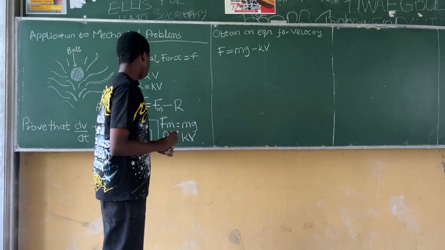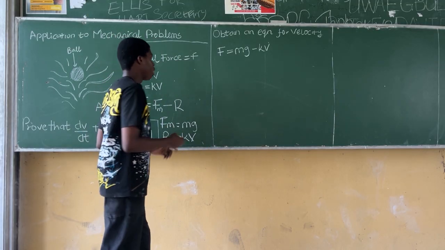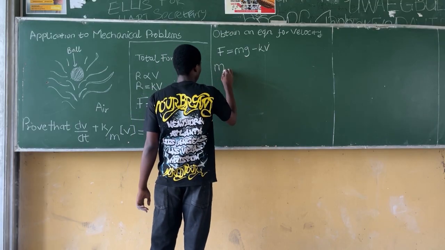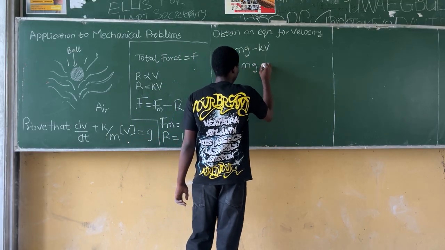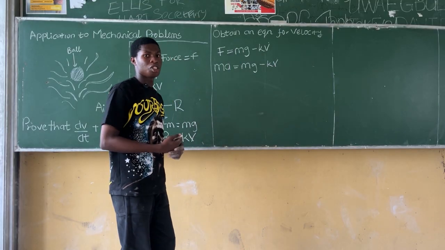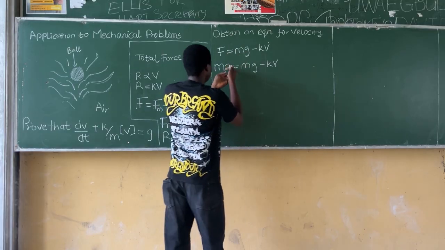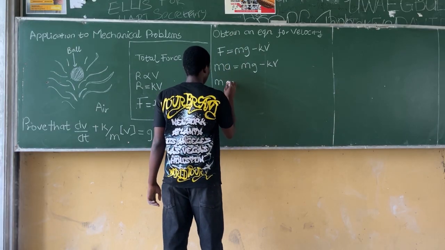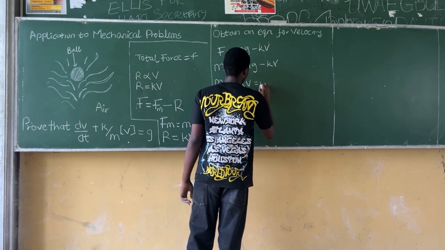We can see from our equation that F is also equal to ma. So ma is equal to mg minus kV, noting that a is the acceleration due to gravity. Taking this parameter over to this side, ma plus kV is equal to mg.